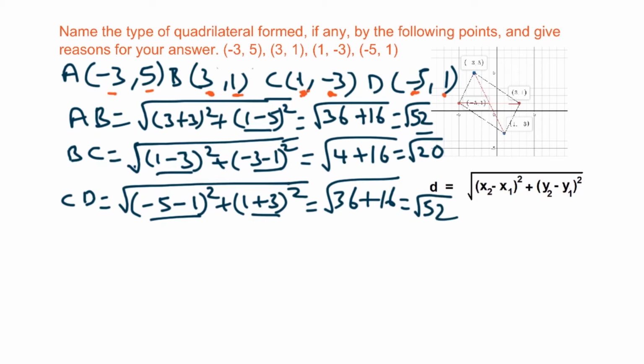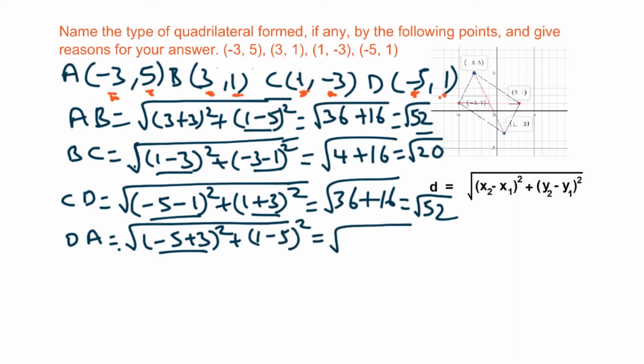Now we will find the length of DA, the fourth side. So take this as x1, y1 and this as x2, y2. So square root of minus 5 minus of minus 3 will be plus 3 whole square, plus 1 minus 5 whole square.